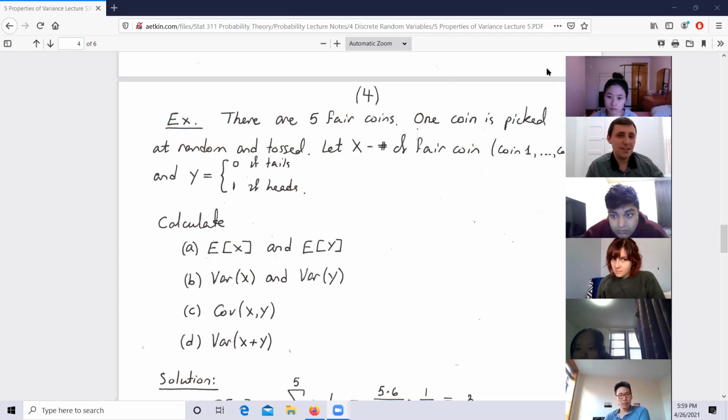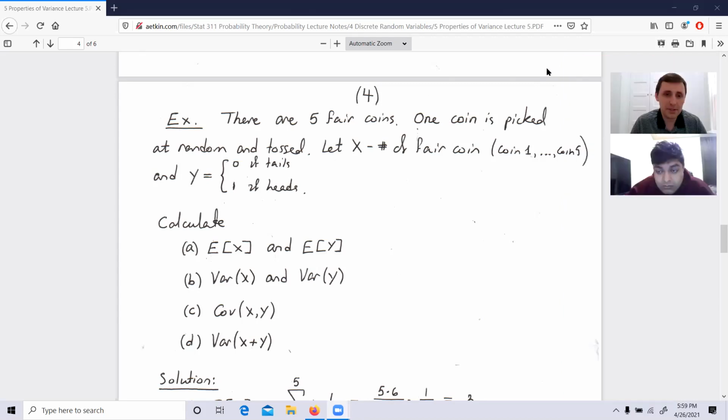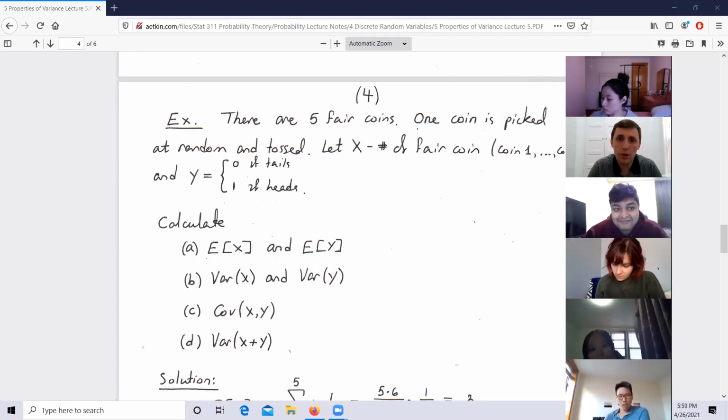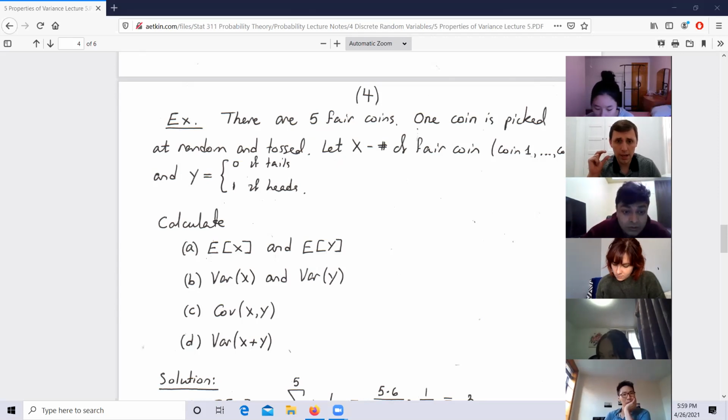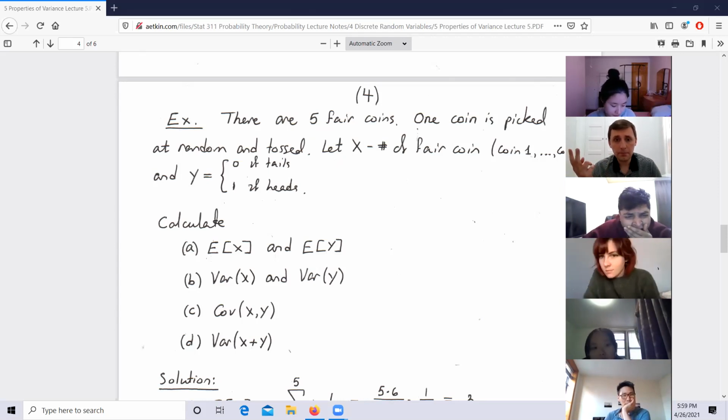All right. Guys, the simplest thing to do is not to calculate here. Just think about it. If you were to know which coin was picked, let's say coin 1, will it influence the likelihood of scoring heads or scoring tails? Because each of those coins is fair, it will not influence.